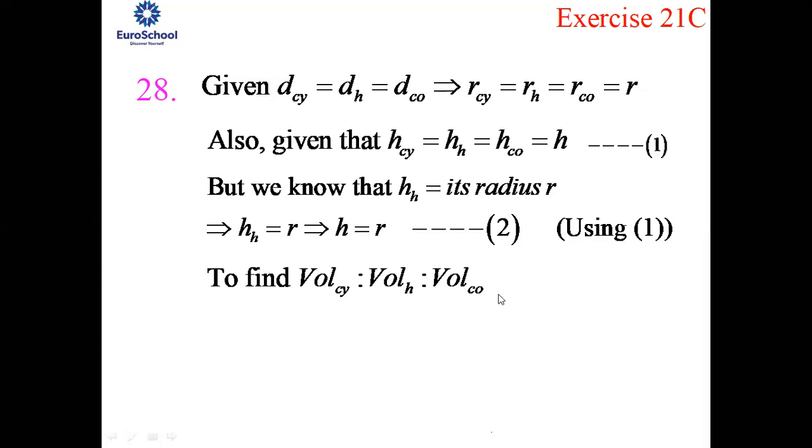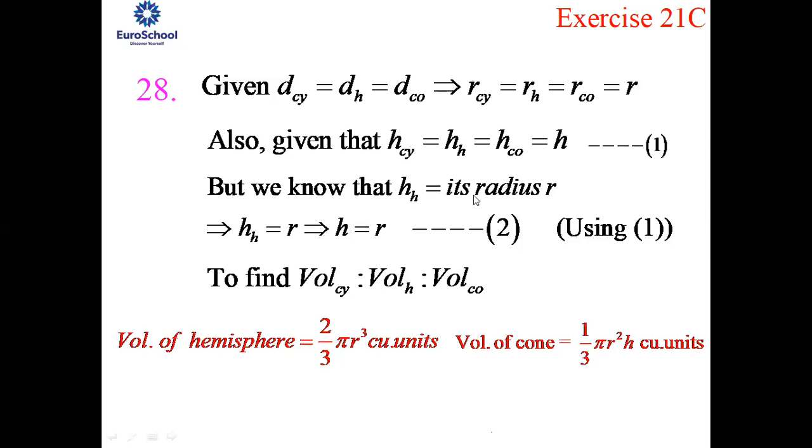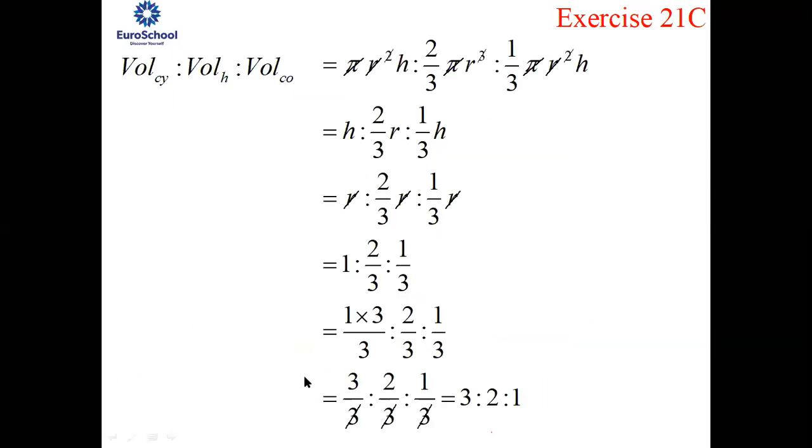Okay, now we'll just substitute it here. So what do we get? Pi r square h is to 2/3 pi r cube is to 1/3 pi r square h. Now, in all the formulae, the operation is multiplication, so you can cancel whatever is common throughout.